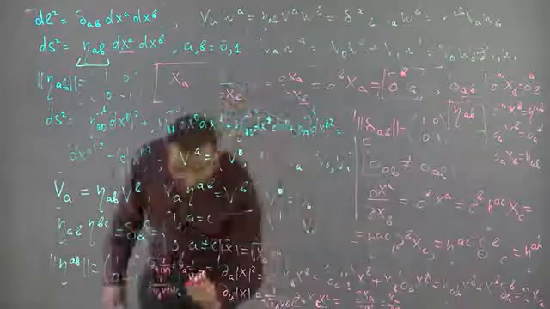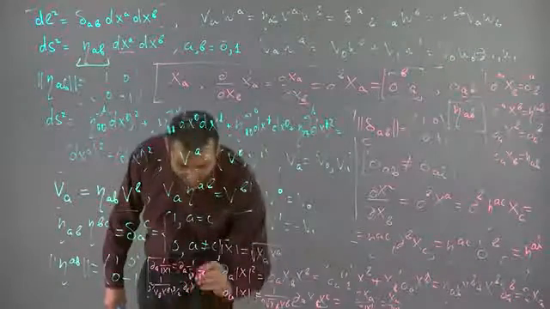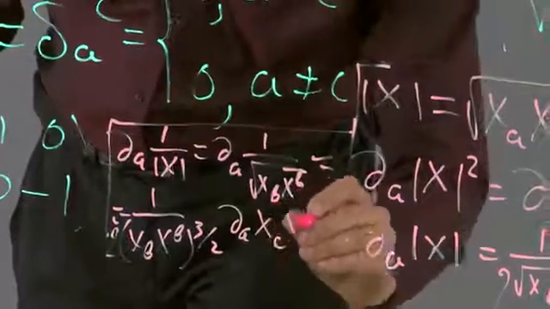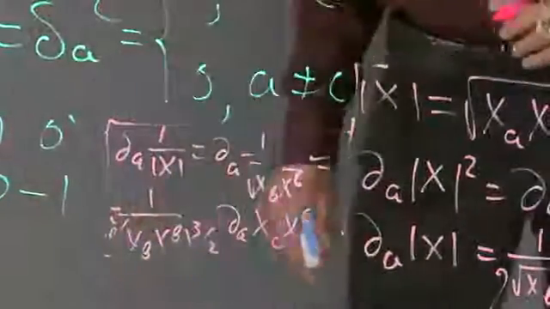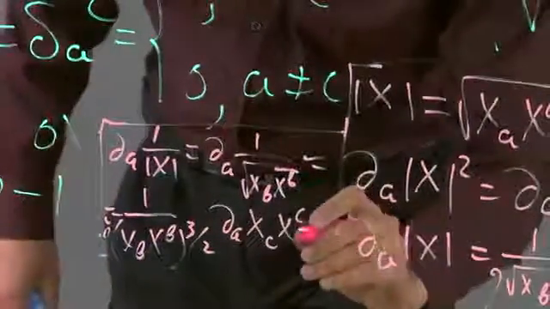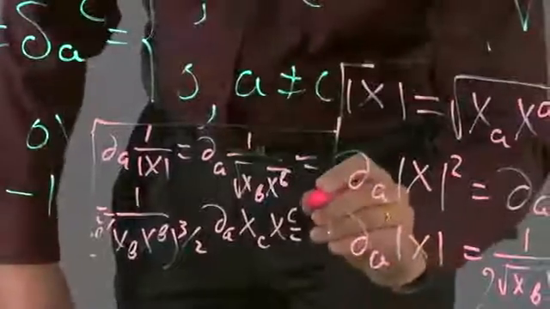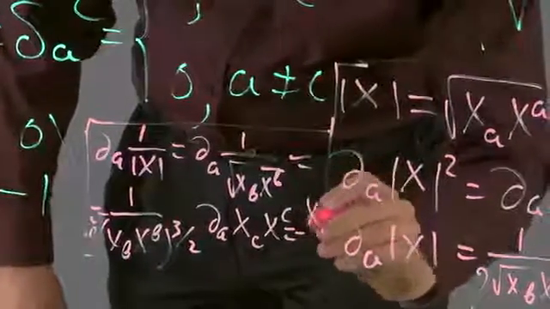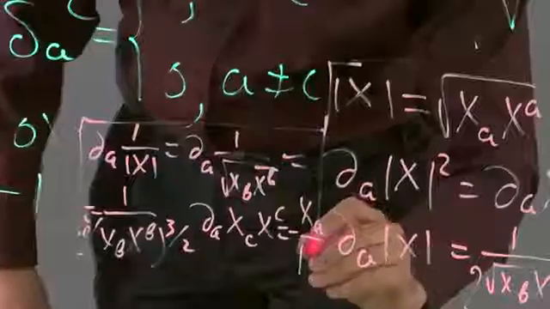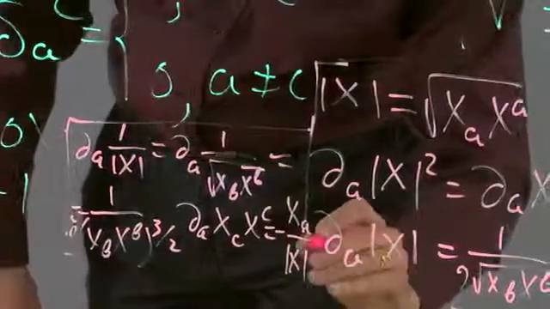And then I apply the differential to the expression which is standing in the complicated function, so xc xc. As a result, using all these expressions, I have minus xa divided by modulus of x to the power 3.